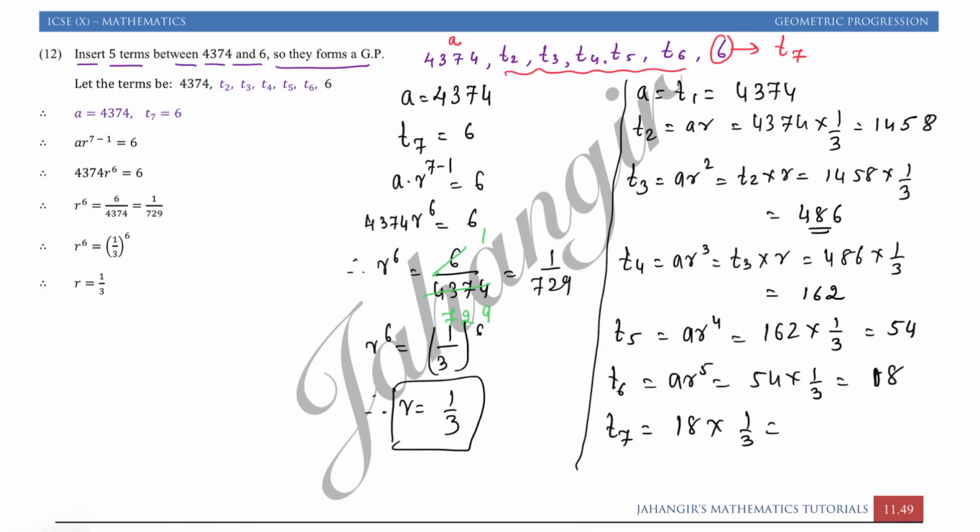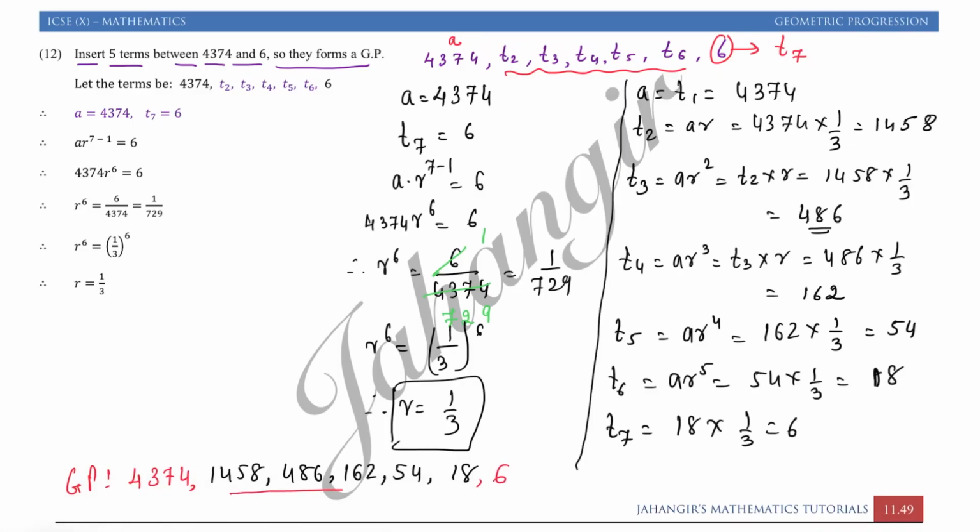The GP is: first term 4374, and in between we have 1458, 486, 162, 54, 18, and then the last term is 6.